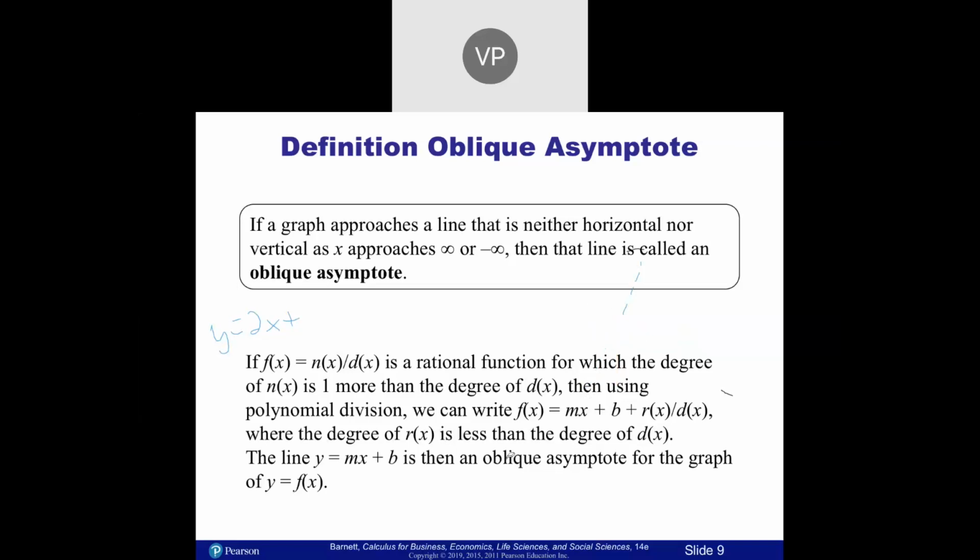Now, there's a lot more steps to it than just plotting what I did here. You still have to go through all your derivatives, all your domains, all the increasing, decreasing, and concavity, but the oblique asymptote just helps you sort of finish your picture. Kind of like when we take the limit as the function goes toward infinity or negative infinity.